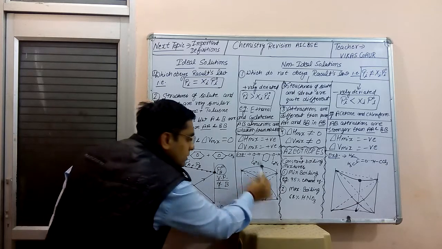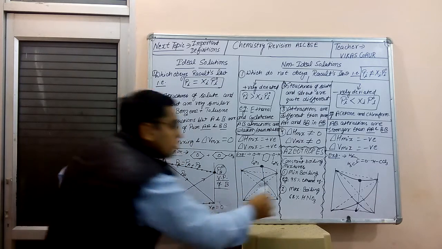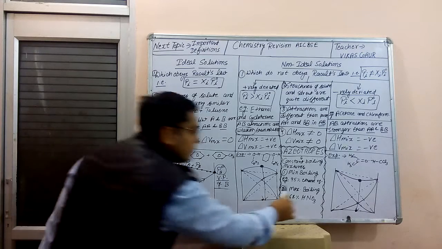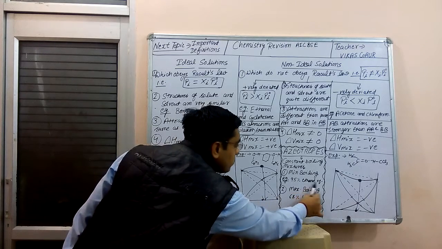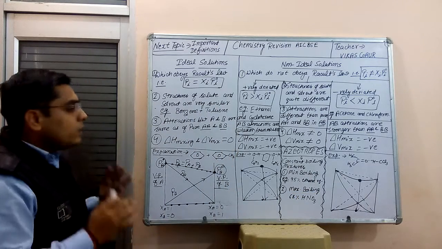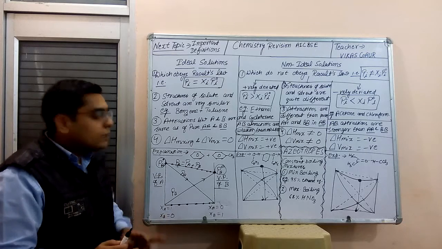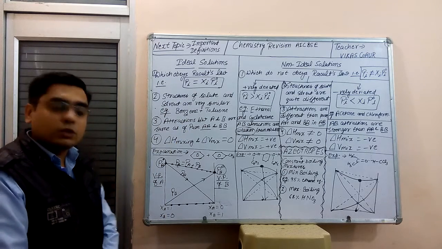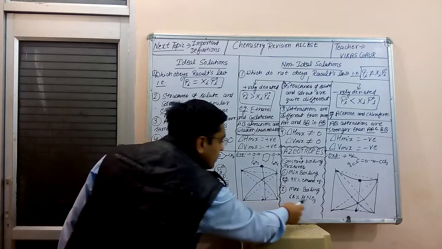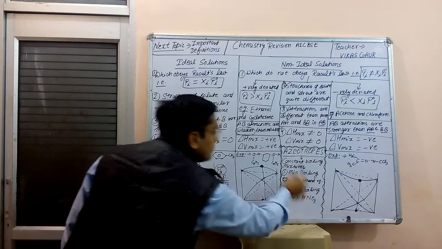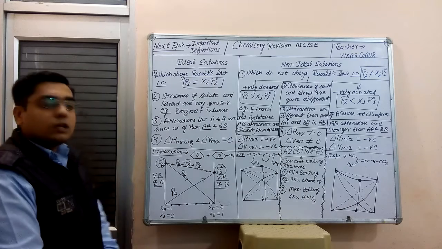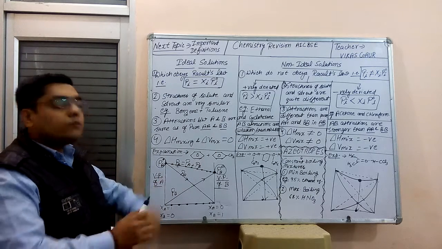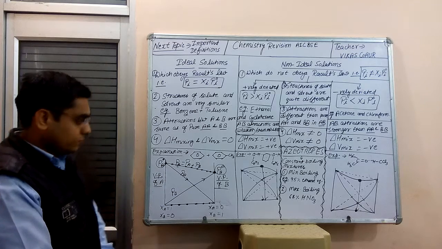So vapor pressure is maximum and the azeotropes are minimum boiling azeotropes. For example, 95% aqueous ethanol is a minimum boiling azeotrope because it is a positive deviation solution, and 68% nitric acid is a maximum boiling azeotrope because in the aqueous state HNO3 is a negative deviation solution.